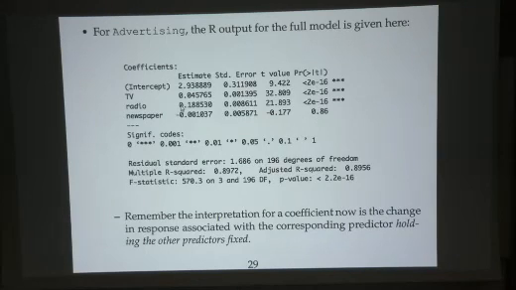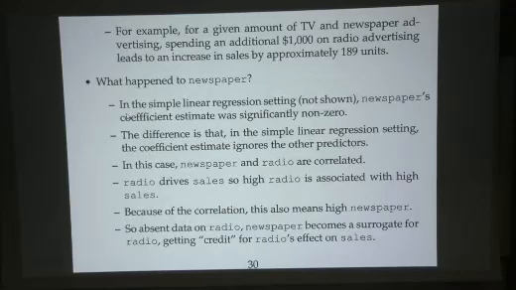Because they are correlated, if you just omit the radio, then that onus is taken up by the newspaper, and it shows that this is significant. Multiple linear regression is very important because of this phenomenon of correlation.